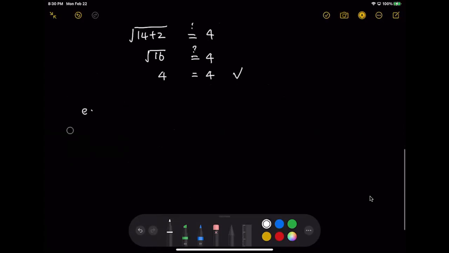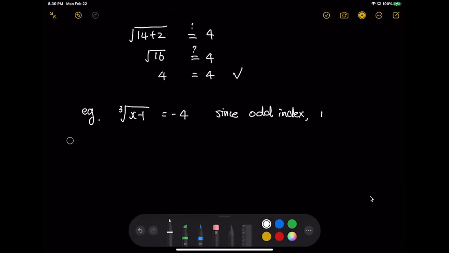Okay, let's do an odd index. So I have cubic root of x minus 1 equals -4. Since it's an odd index, no need to check. To solve it, we want to raise both sides to the third power.